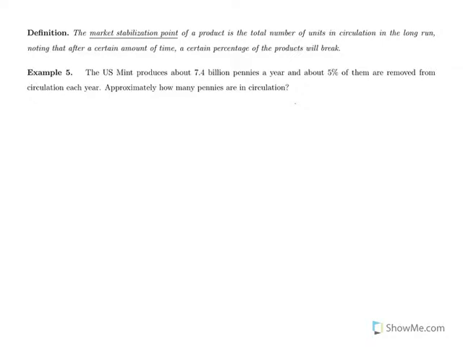Similar to what we've done in previous examples, we're going to think about the pennies added this year. And that's going to be 7.4 billion pennies. And we're not going to say that any of them are going to fall out of circulation because they've just been added.